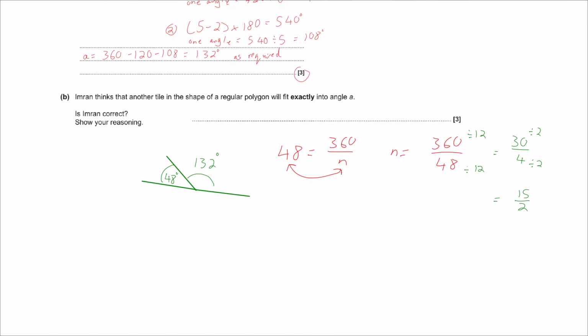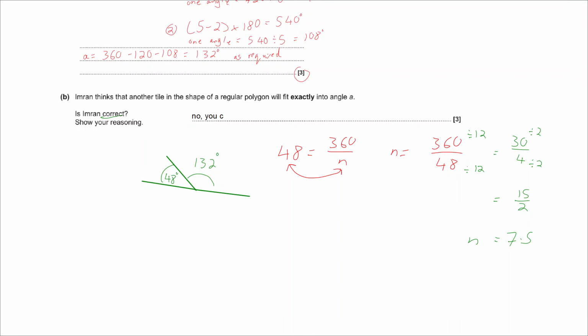Now 15 over 2 is equal to 7.5. So my number of sides is 7.5. So is Imran correct? Definitely not, because you can't have a decimal number of sides. It must be a whole number. So the answer is going to be no.